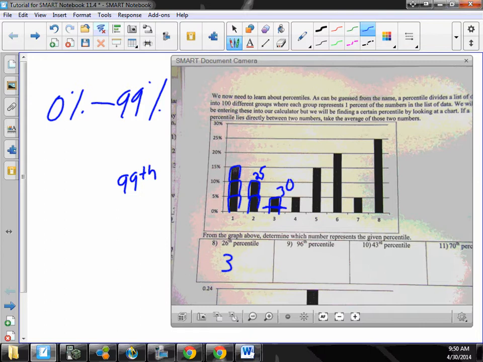What about the 96th percentile? Well, you have to be careful with the 96th, because what is this number here? It's 99. So that one would be 94. So it's got to be somewhere in between 94 and 99, which would be an 8.